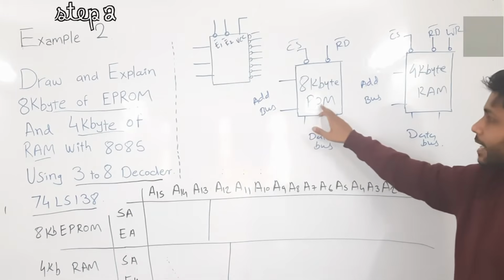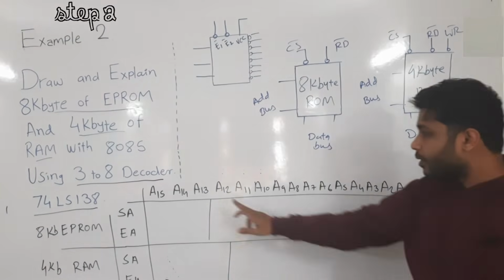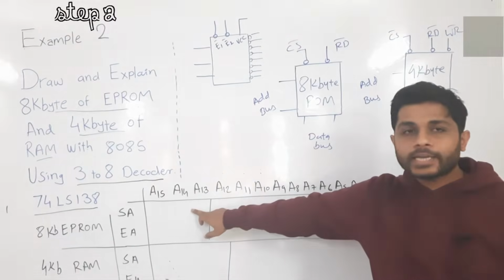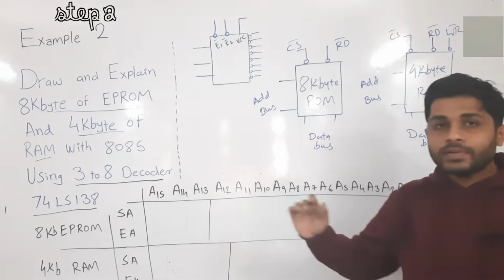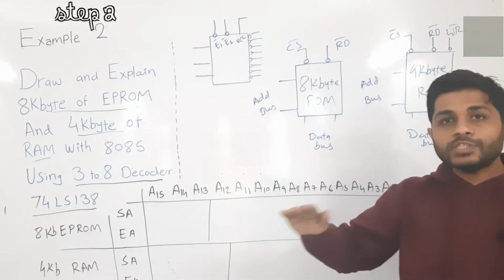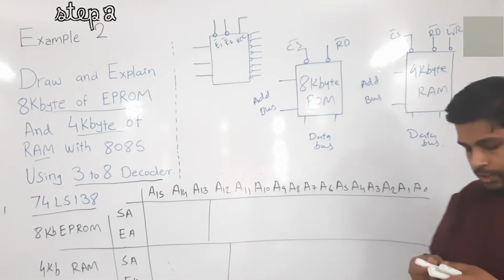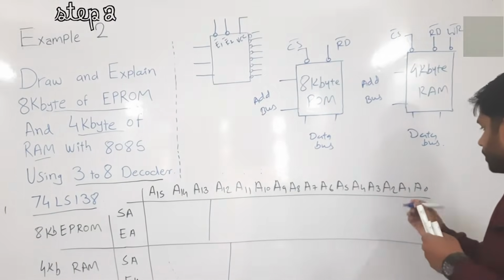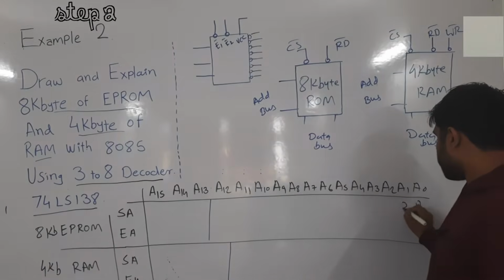For the case of 8 KB ROM, how many address lines are connected? Address lines A0 to A12 are connected for 8K EPROM. So to find the starting address of the EPROM, we set all the address lines connected to the 8K byte EPROM, A0 to A12, to 0.